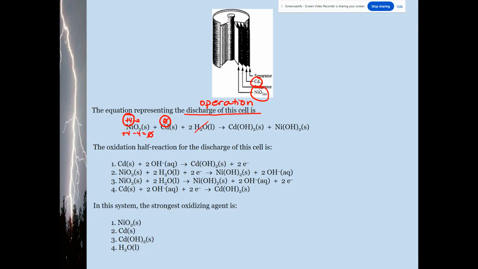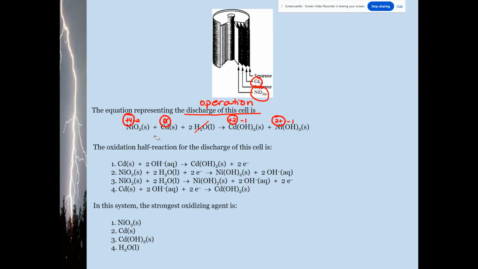Water's just there again to balance the hydrogens and oxygens like before. Then we have cadmium hydroxide. Now, hydroxide is just -1. I can treat the hydroxide as one whole thing. There's 2 hydroxides, so my cadmium here would become 2+, and my nickel, with 2 hydroxides, would also be 2+, okay?